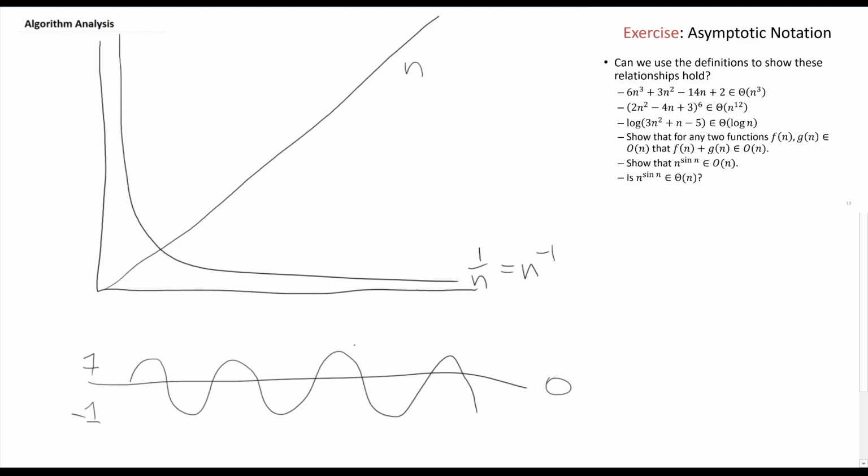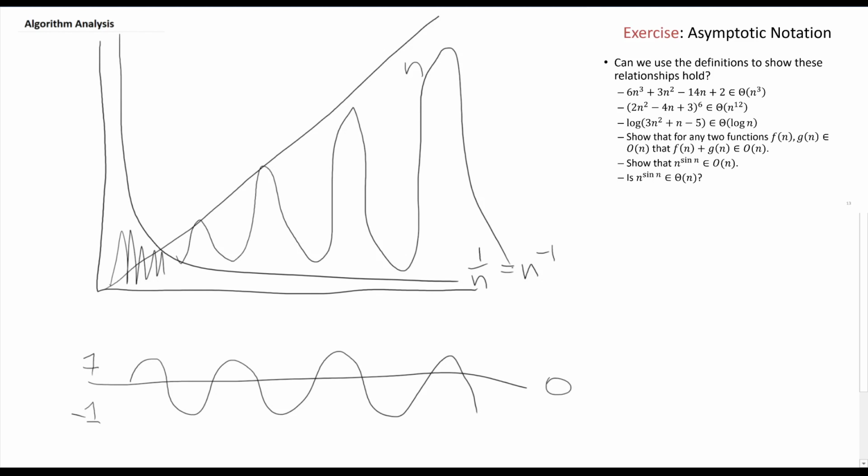As the sine function comes down to the 0, we're going to come down to that function here. What happens over here, I'm not too concerned with. But once it gets over here, we're going to start doing this kind of pattern, where our function n to the sine n is going to oscillate between these 2 points.